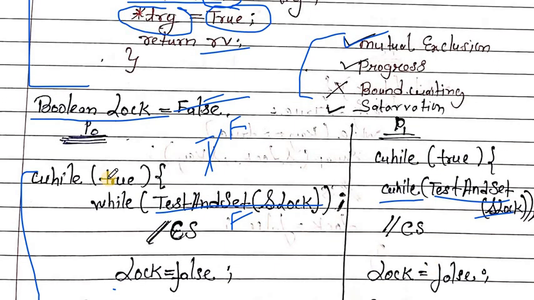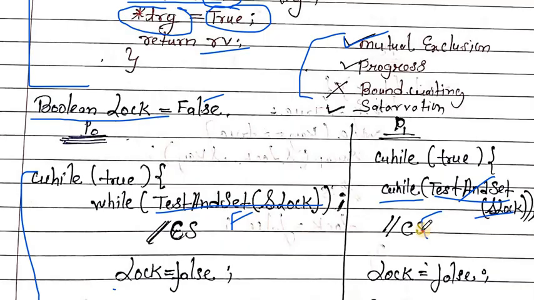So in the second case, when P0 has not arrived, first P1 will execute the critical section. Let's try whether it is able to execute the critical section or not. So here the while loop is true, test and set returns false.